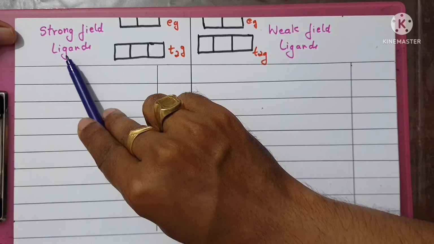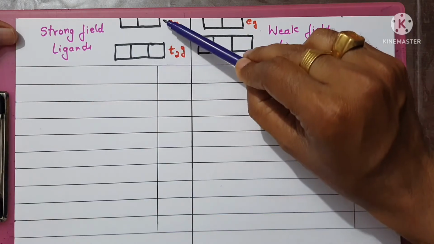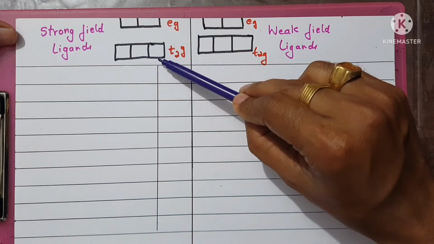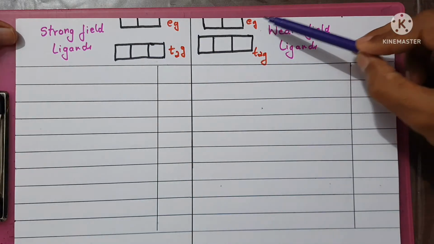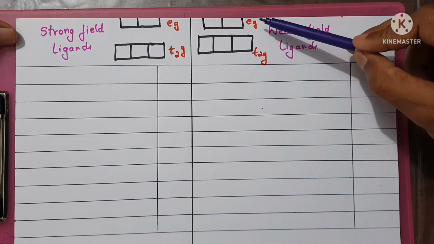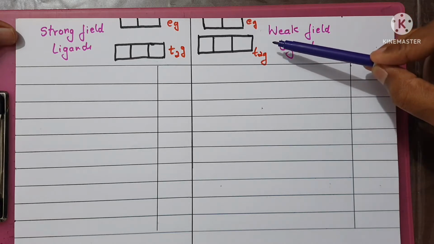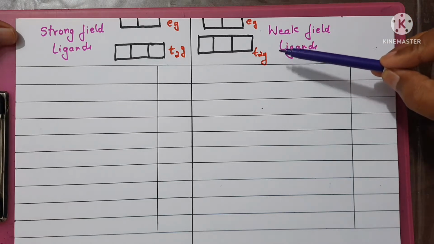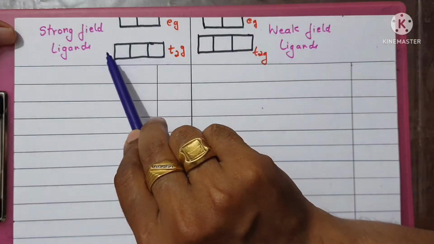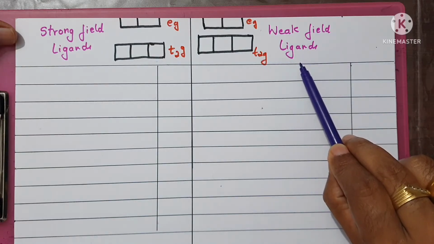You can see here the distance between the two sets of d orbitals; they are far away from each other. That is why the pairing is taking place. You can observe on this side, when the weak field ligand is there, the two sets of d orbitals are very close to each other. That is why there is no pairing. Very important, children: strong field ligand is equal to pairing, weak field ligand is equal to no pairing.